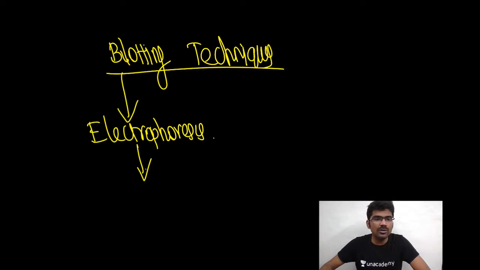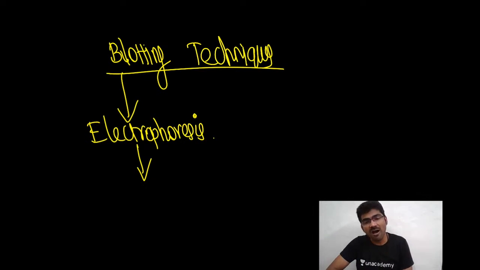Then what do you have to do? After electrophoresis, what is the next step? In that only you guys are having confusion. All these blotting techniques involve hybridization, right? Electrophoresis is usually done in agarose or polyacrylamide, on the gel.